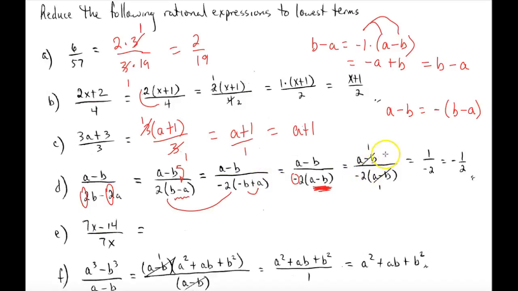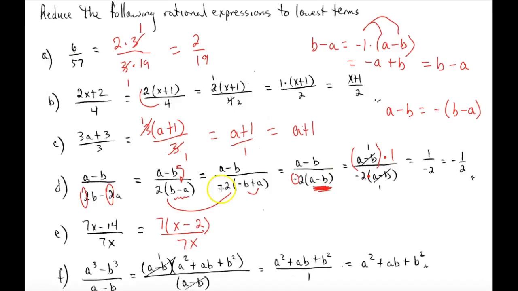The reason is that this is understood to be this times 1, and we have a negative 2 times a minus b. So we have multiplication going on. And so from there we reduce the a minus b's, and then we end up with negative 1/2 as our answer.